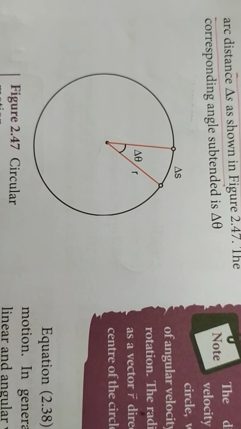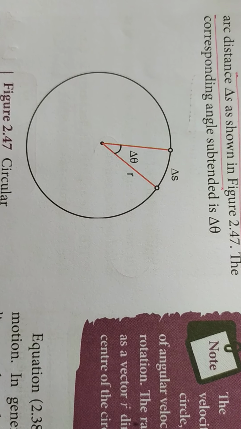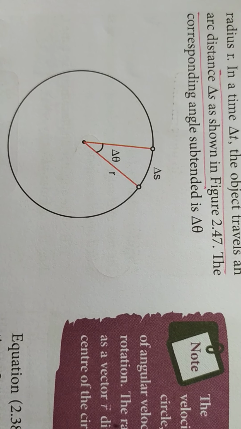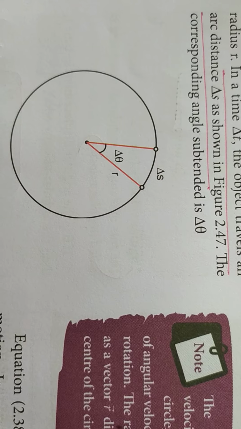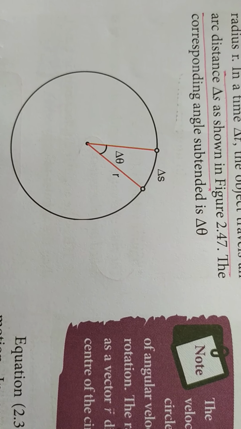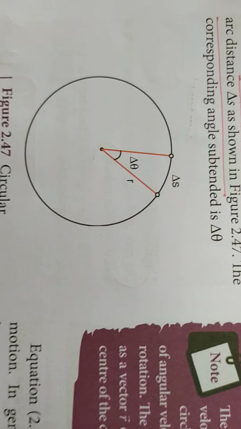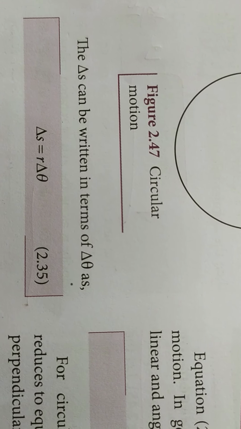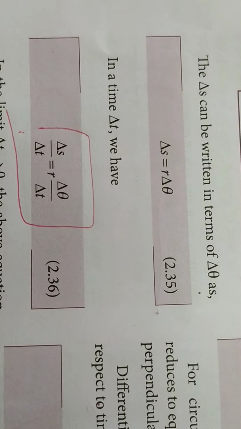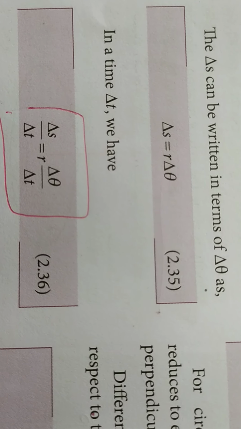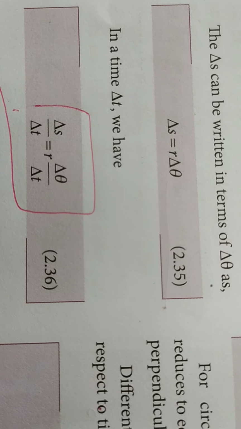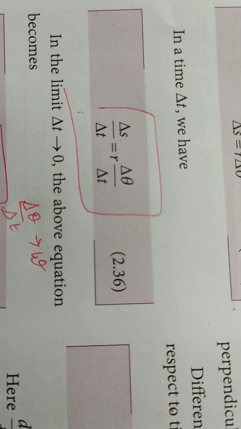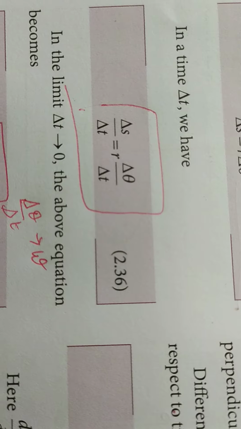Here when you see this diagram, the two positions of the particle are shown, and here delta s is the distance travelled by the object in a time delta t, and the angle subtended at the center is delta theta. And so here you can write delta s is equal to r delta theta, and divide this by delta t. So delta s by delta t is equal to r into delta theta by delta t. Here when limit delta t tends to 0, you can write this in differentiation form.